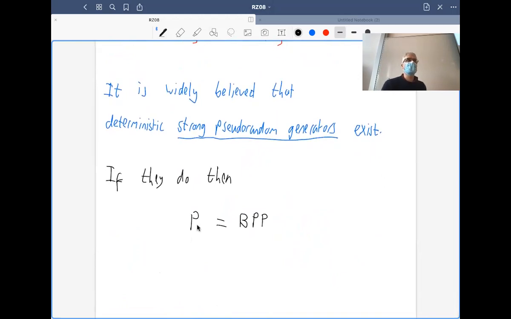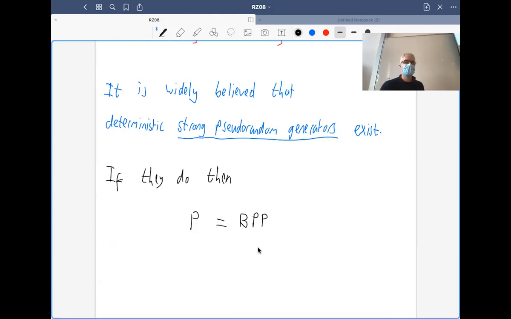The intuition here is that in order to run the BPP algorithms, we're using random choices. And if we have a sufficiently good deterministic pseudo-random number generator, then perhaps we can do this deterministically. There's a whole field of complexity theory about the properties of random number generators, and people believe that a strong pseudo-random generator exists.